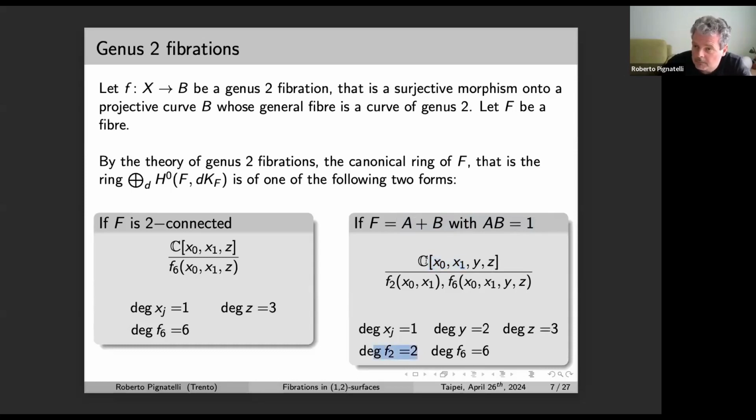There is a quadric. And then you must add one generator in degree 2, essentially to keep the Hilbert function the same, because it is a family, so it must be flat. And then that's it. You keep needing a generator in degree 3, and you keep needing a relation in degree 6.